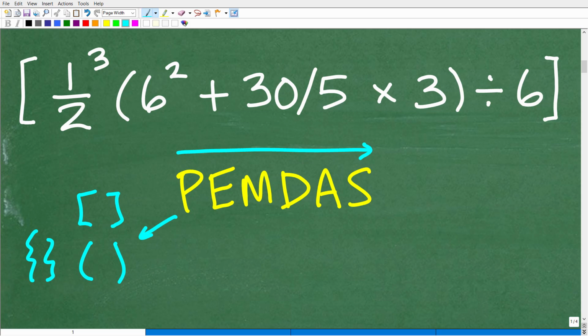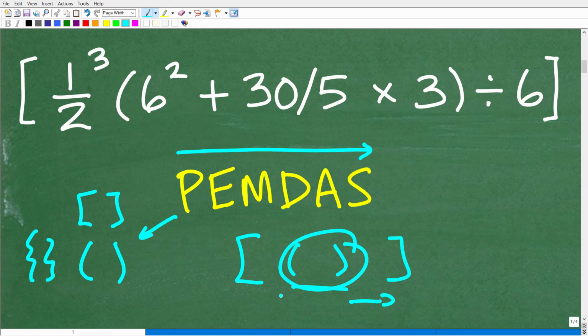Now, with the order of operations, you're going to be working from the innermost grouping symbols. In other words, if you have parentheses inside of brackets, for example, you're going to start here and expand outwards. Now I just gave you a huge hint for those of you that were confused about what to do here. But anyways, you can see that we're going to need to be thinking about this as we do this problem, because we have a couple sets of grouping symbols here.